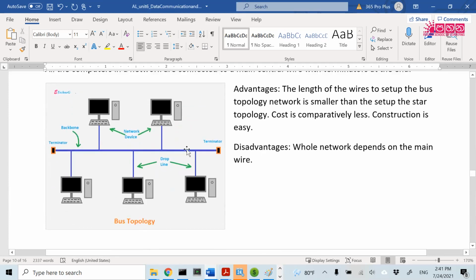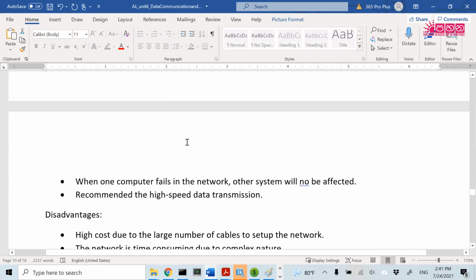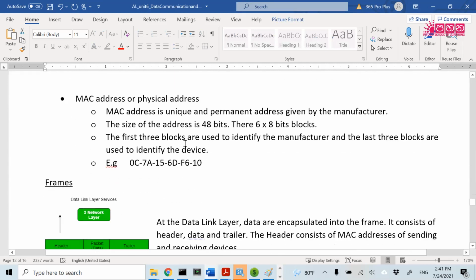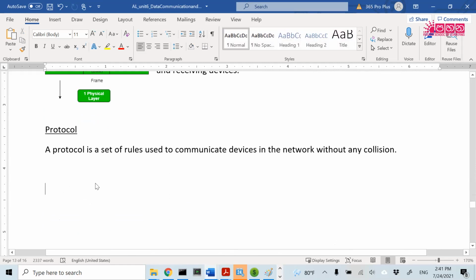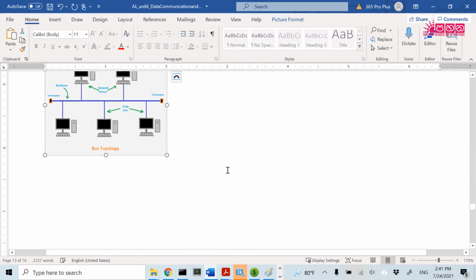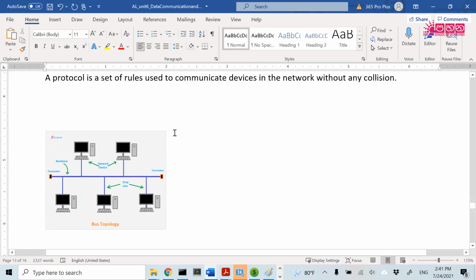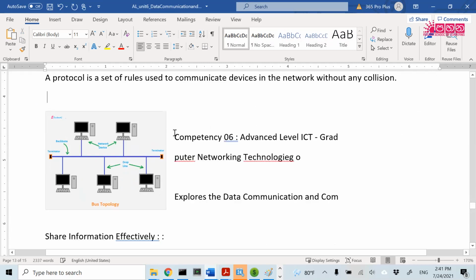Now, for example, let me take the bus topology. If there's a data transmission in opposite sides, what do I mean by opposite sides? Let's say this particular machine wants to send data to this one, and this machine wants to send data to this one, so data is coming in both directions.